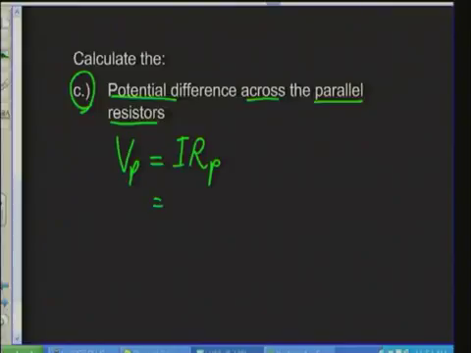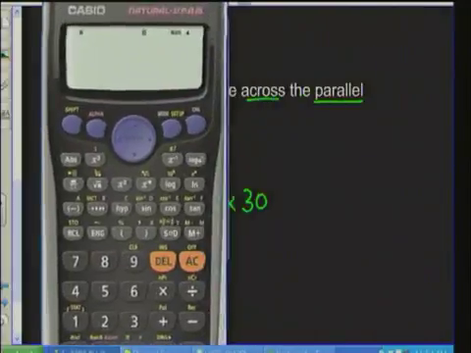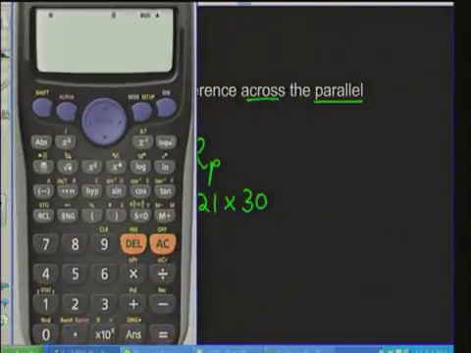So that will be equal to what? 0.21, we have just calculated for that, times, what is the RP? Is 30, the equivalent resistance of the parallel section. Again, don't waste your time by trying to find that manually, okay? You just have to use your calculator there.